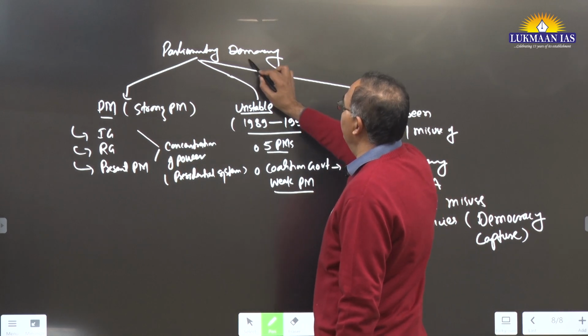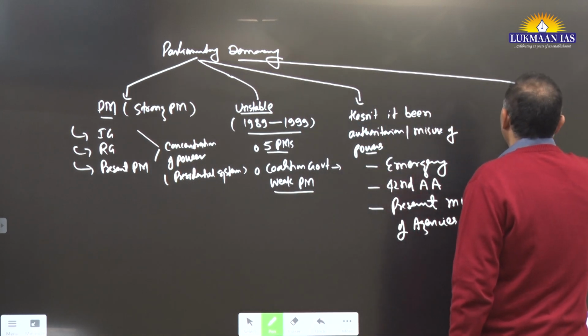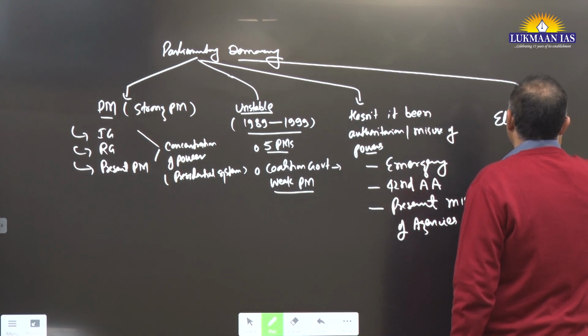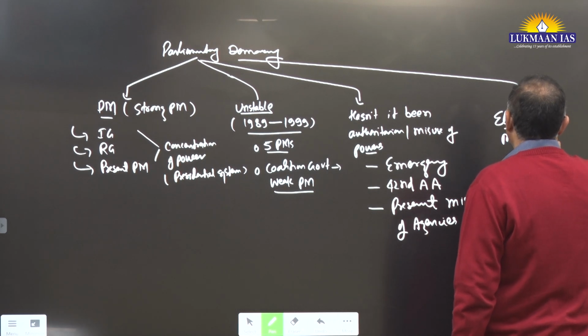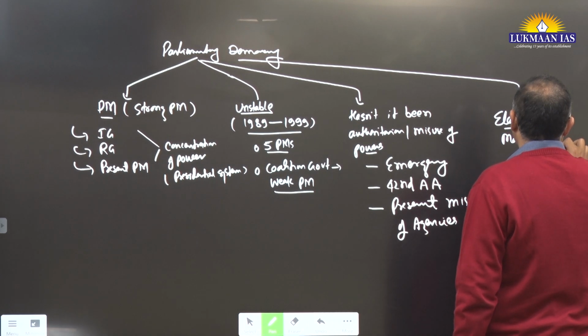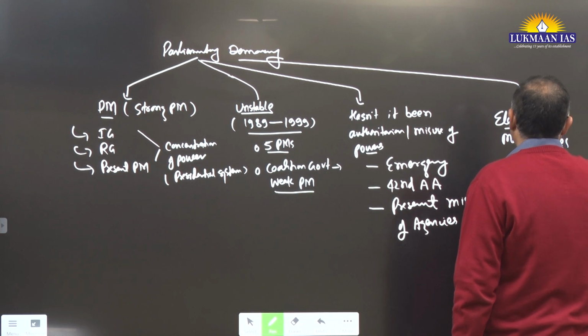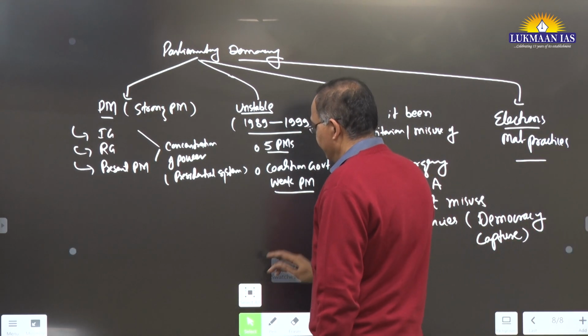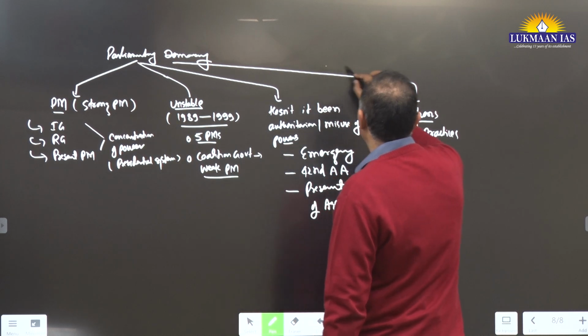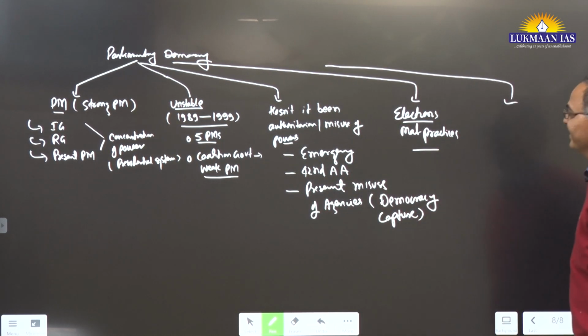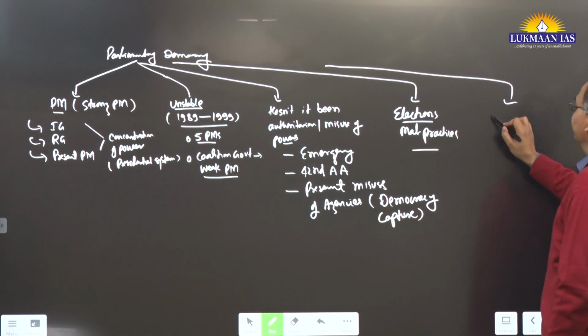And the last we'll talk about is elections and malpractices. This, and the next is, this year's GS question: whether it has been result oriented.